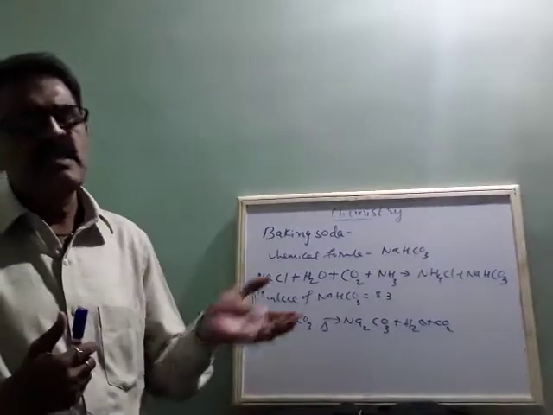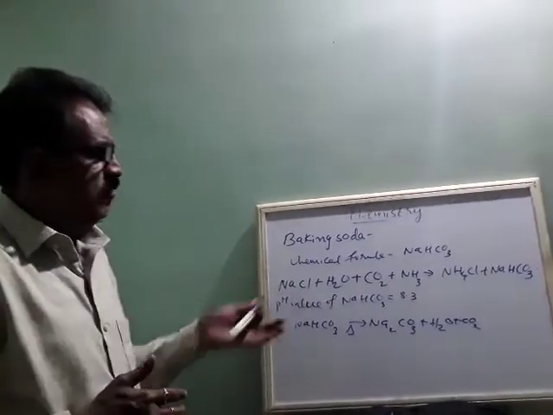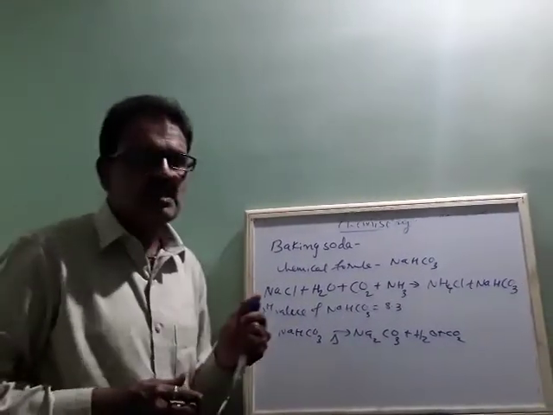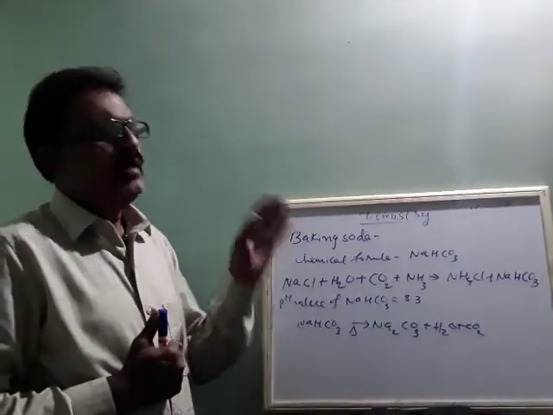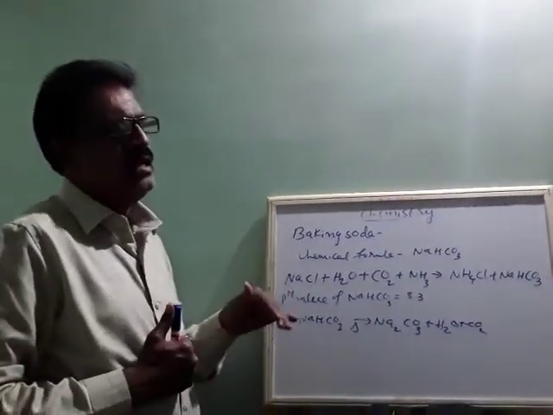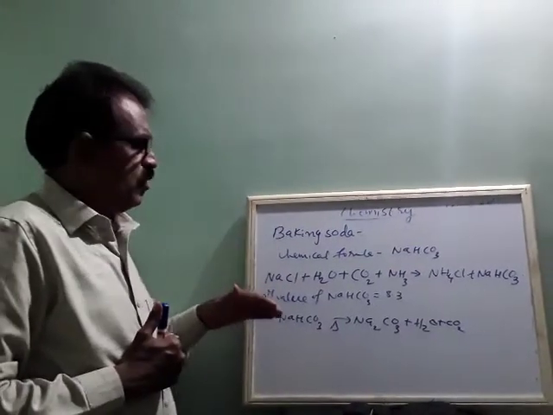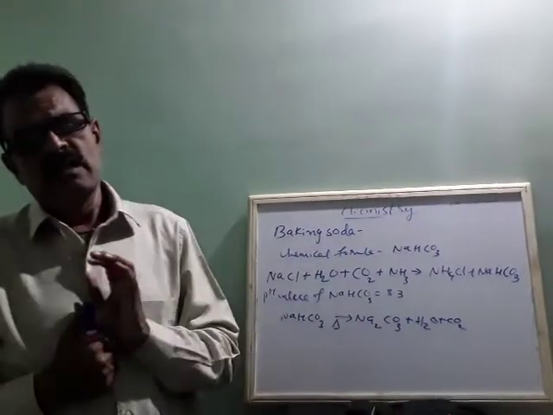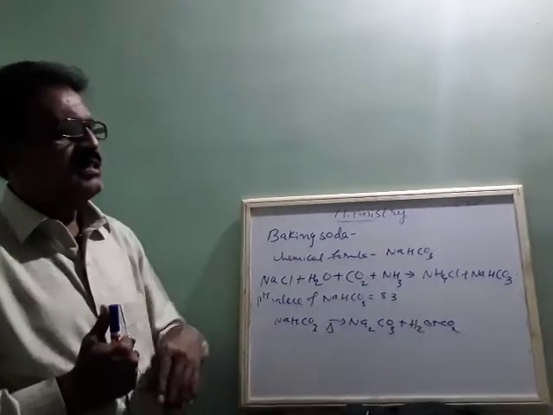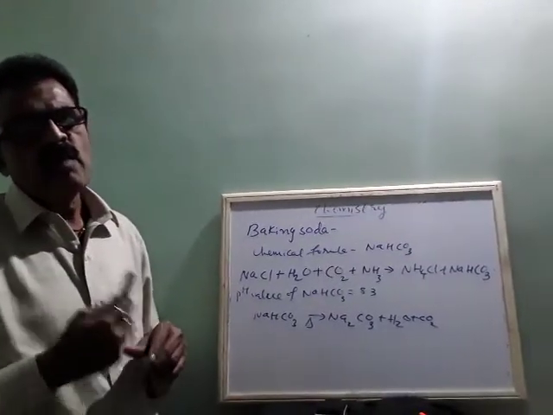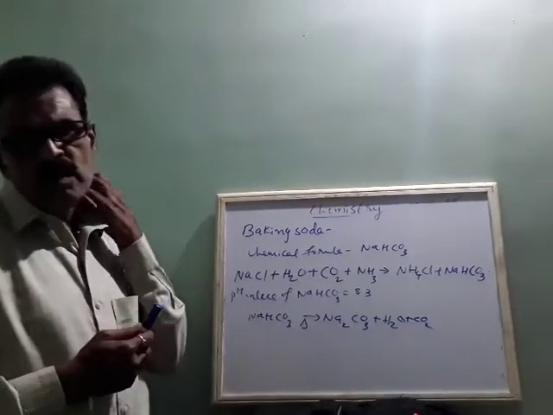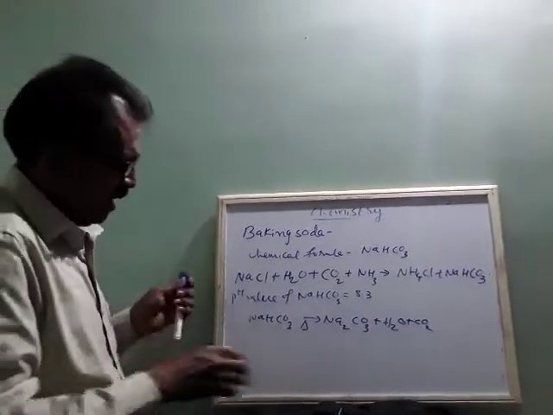Due to its alkaline nature, it is used as an antacid. And one more very important use of this is in bakeries. Very important, because in bakeries we use baking powder, which is baking soda along with a mild acid. We use one acid so that it reacts.